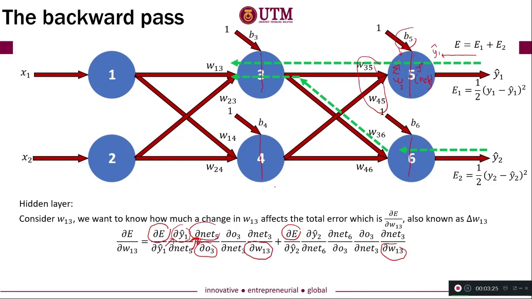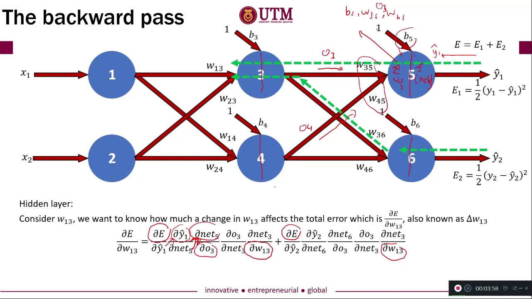If you remember, this input function consists of B5, W35 and W45. W35 must multiply with O3, and W45 here must multiply with O4. Okay, this is O4 and this is O3.